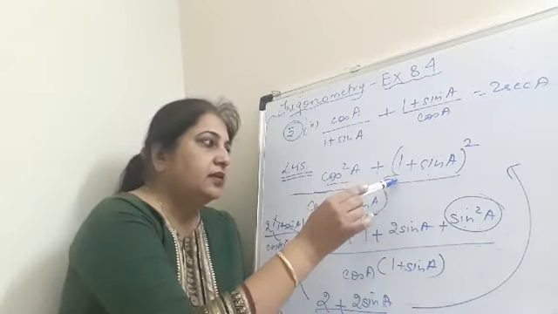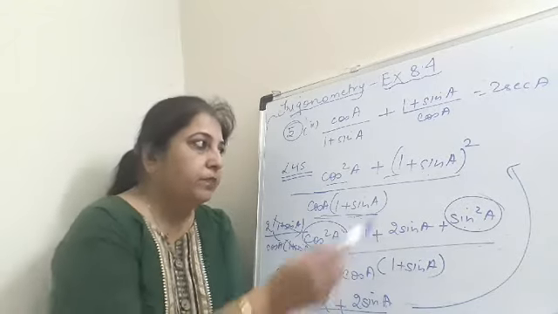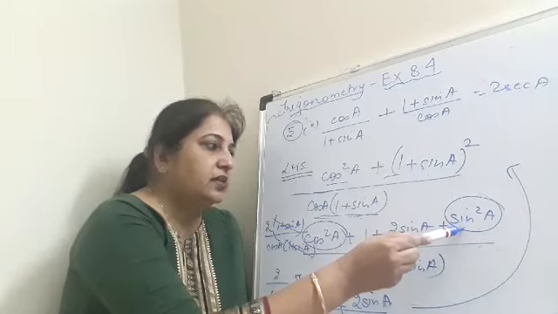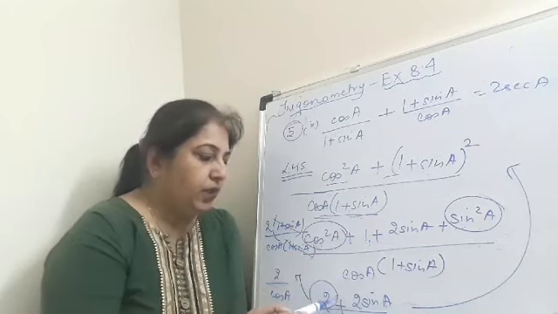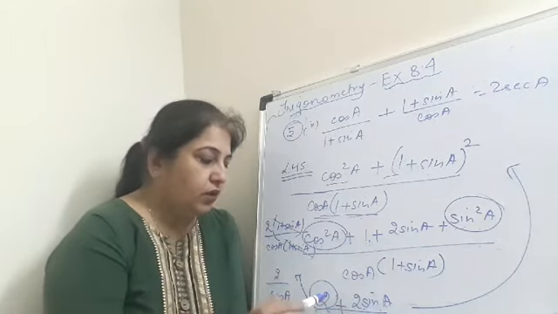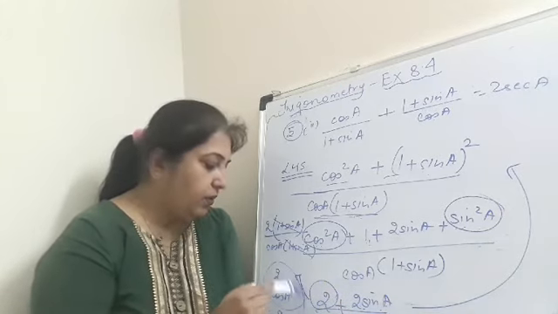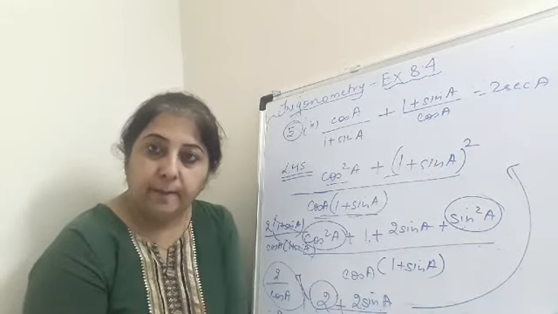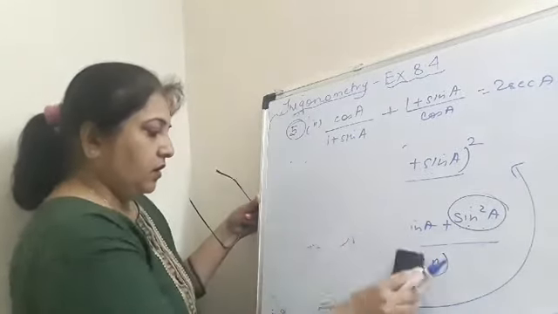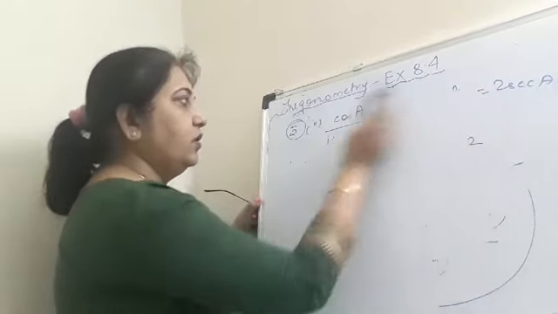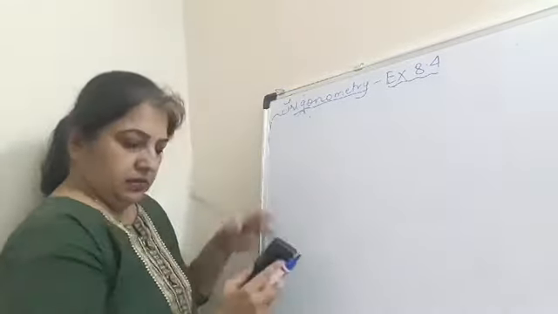Here I apply the identity 1 plus sin A the whole square, that is A plus B the whole square, and then I merge sin square A and cos square A, which is equal to 1, with 1, which gives me 2, and 2 plus 2 sin A will be equal to 2 common 1 plus sin A, which cancels with the denominator, and therefore I get 2 upon cos A, which is equal to 2 sec A. This is how we have completed the second part of question 5. You will copy these questions in the notebook and solve them, and learn all the identities thoroughly.